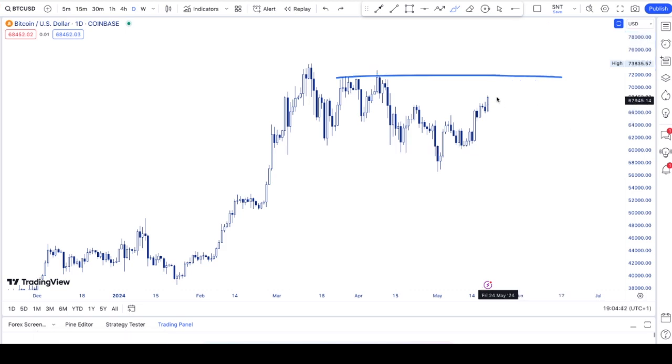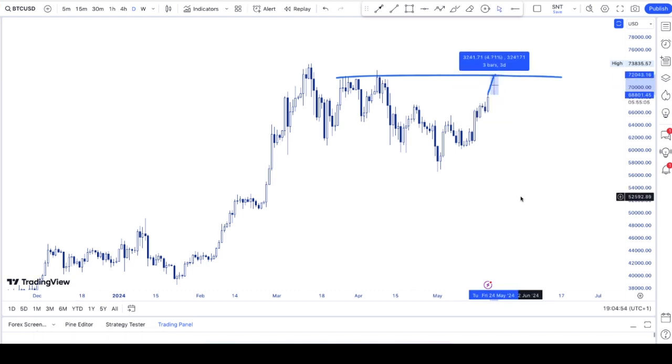So for the coming week, I'd probably be looking for buys on Bitcoin, looking for buys from around $68,000 up to around $72,000, and looking at that right now, that's about a 5% move.